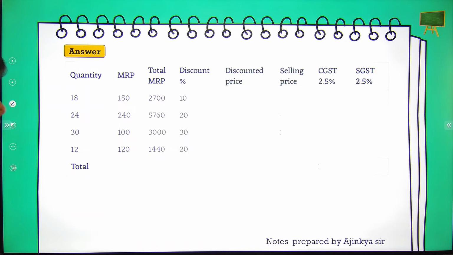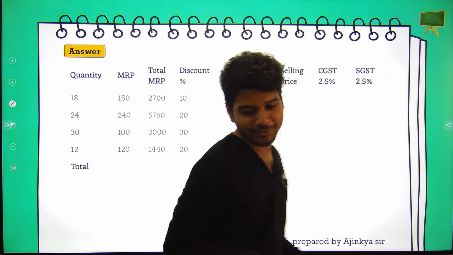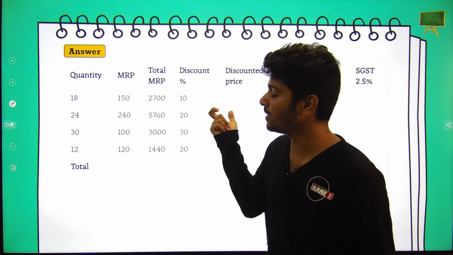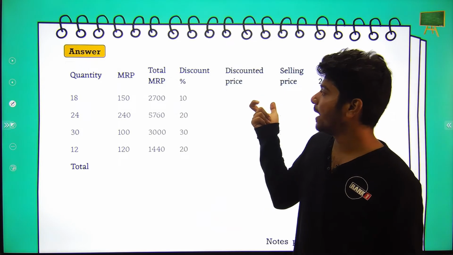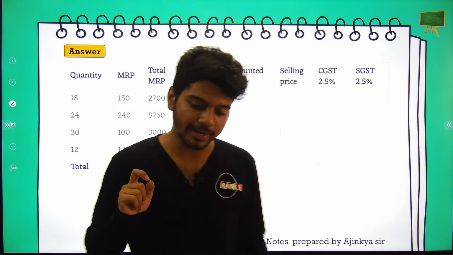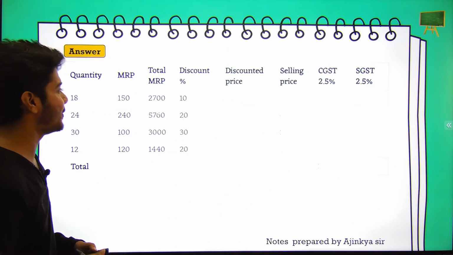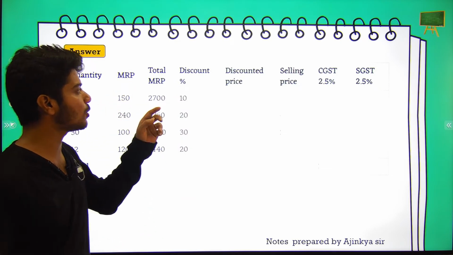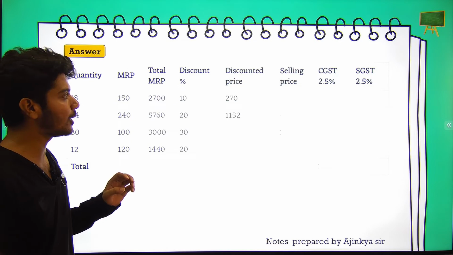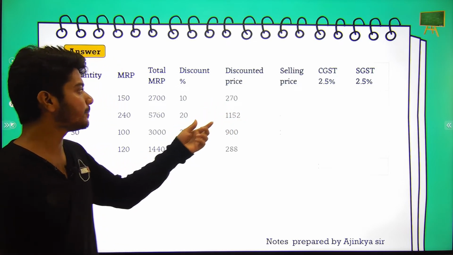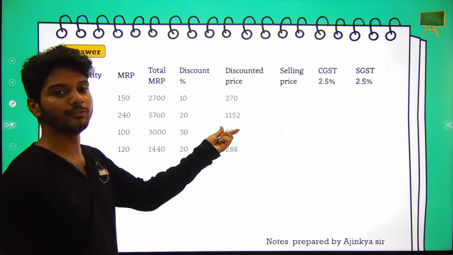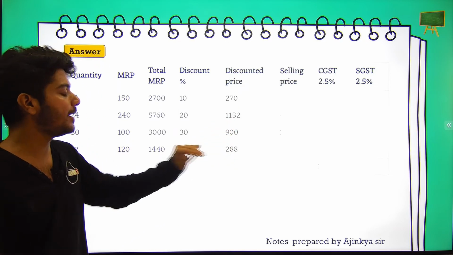Okay, so I guess everyone has calculated. For time saving, you can use calculators, but in exams calculators are not allowed. All right, 18 into 150, we have already calculated this column. Now let's calculate the discounted price. I hope everyone has got it correct: 270, 1152, 900 and 288.